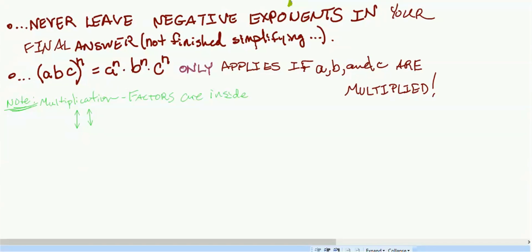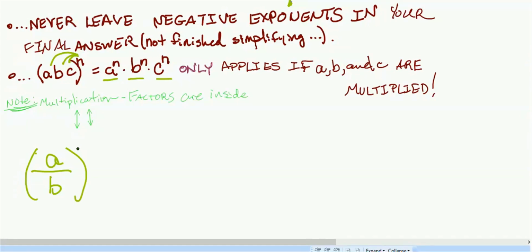And finally, this rule where we can raise factors inside parentheses to a power, and then we distribute this exponent into the parentheses. Each factor gets raised to that power. By the way, there's a fraction rule that's very similar to this.